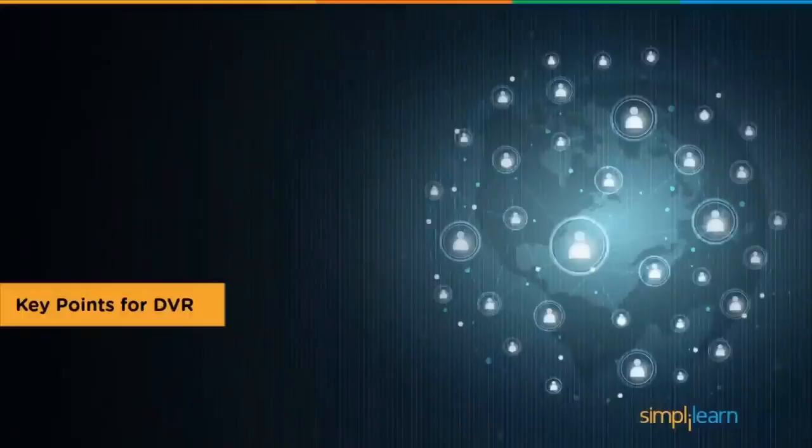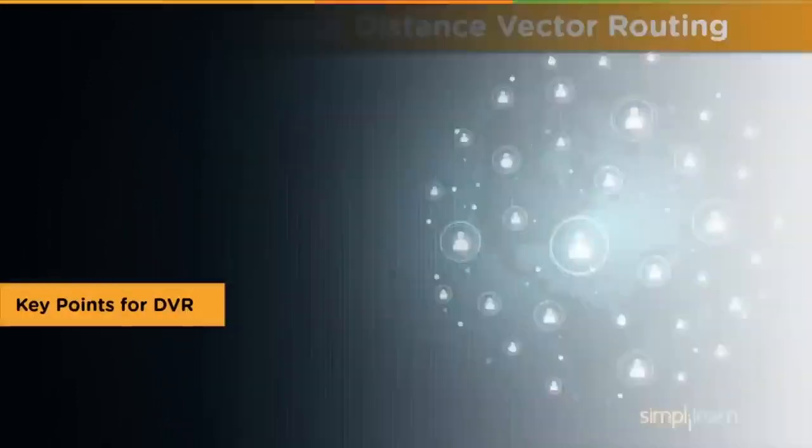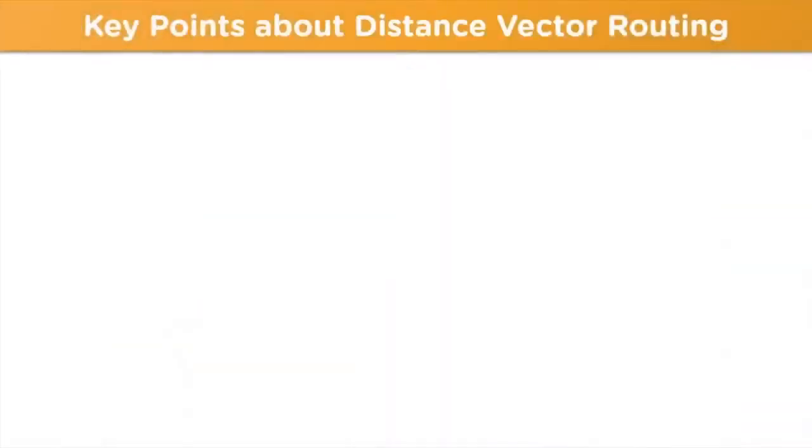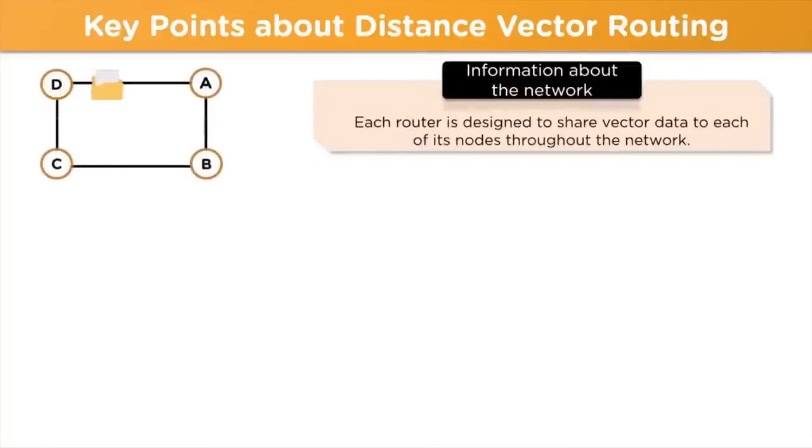Next, we will look into some key points regarding the routing protocol. For the routing protocol, three primary key points are to be remembered. First, each router in this protocol is designed to share the vector data of each node throughout the network. This step is done to maintain proper circulation of data in the network channel.